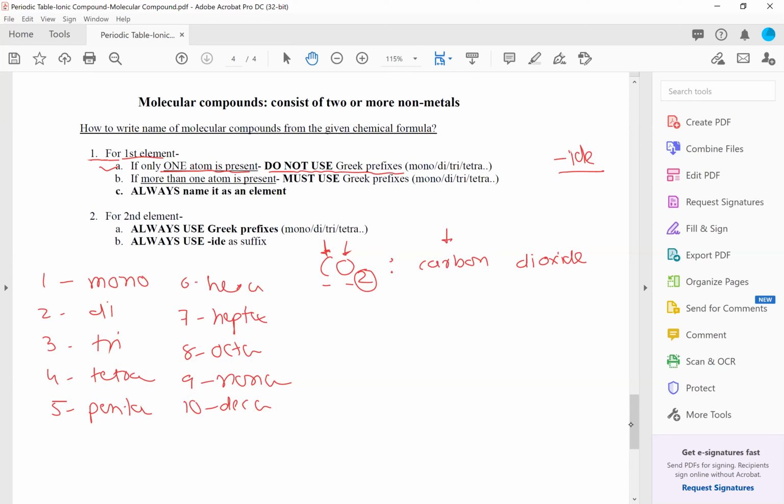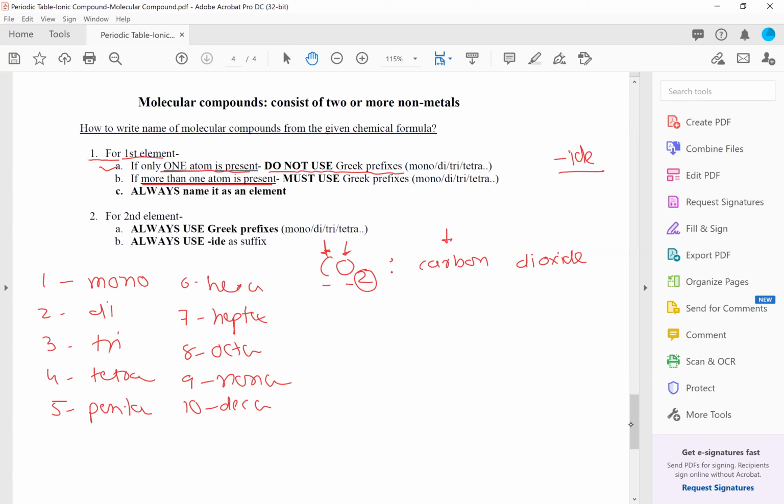You do not use it for the first element if you just have one of it. But for the first element, if you have more than one, let's say two of them or three of them or four of them, then you must use this Greek prefix like di, tri, tetra, penta.